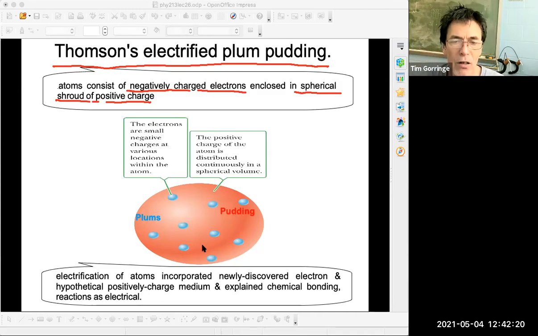And what was new about this model, this picture of an atom, was that it was an electrical atom, because it had negatively charged parts and positively charged parts. And with those parts, you could explain why chemical bonding and chemical reactions occurred between atoms and molecules. The chemical bonding and chemical reactions were electrical in nature.